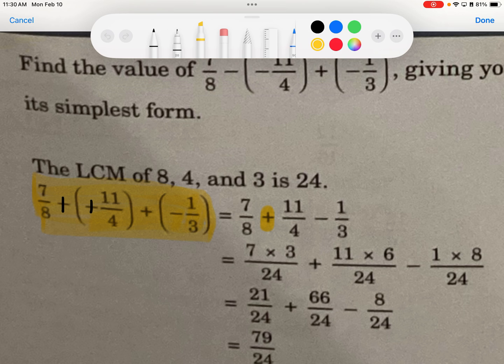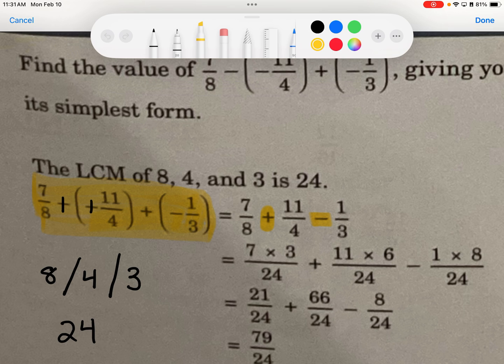And then we have minus, because we had the negative 1/3, so it's minus 1/3. Now our goal is to consider the least common multiple between 8, 4, and 3: 24. So they've done that work for us.